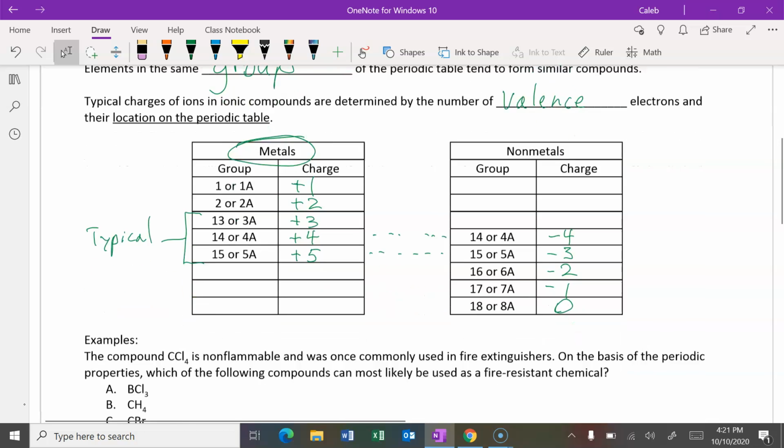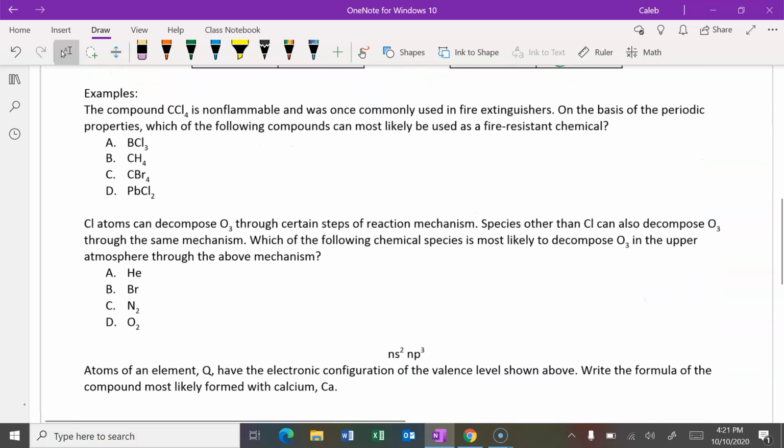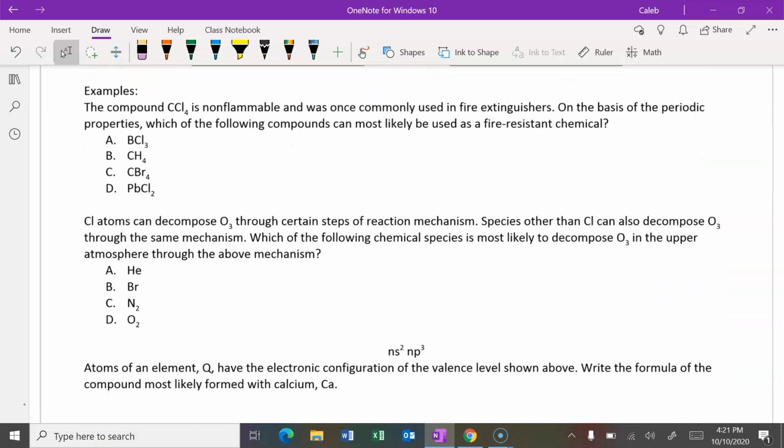Alright, let's look at some examples down here. The compound CCl4 is non-flammable and was once commonly used in fire extinguishers. On the basis of the periodic properties, which of the following compounds can most likely be used as a fire-resistant chemical? Which one could be used for the same purpose?